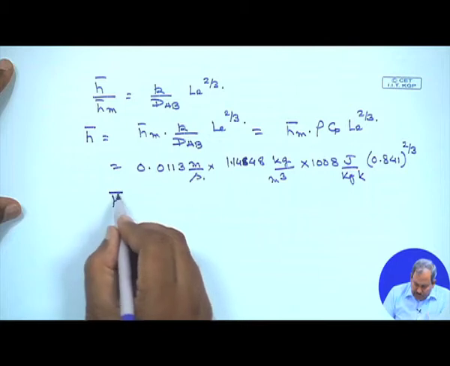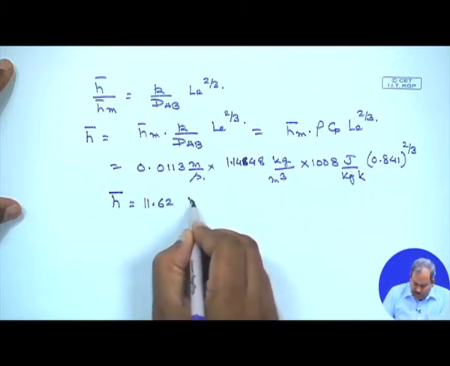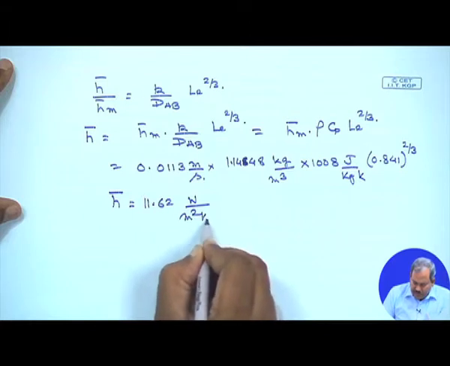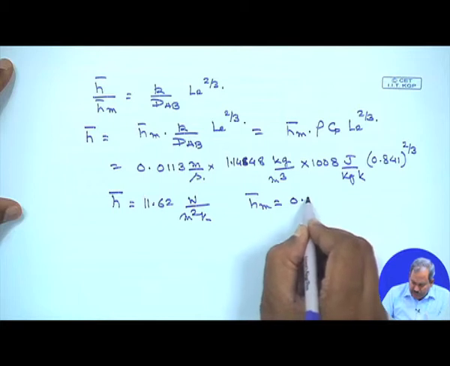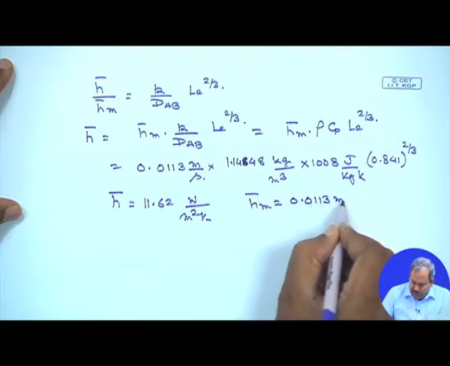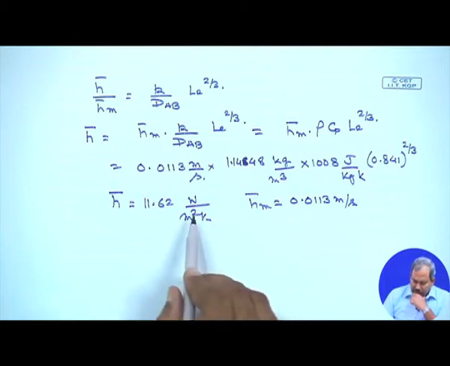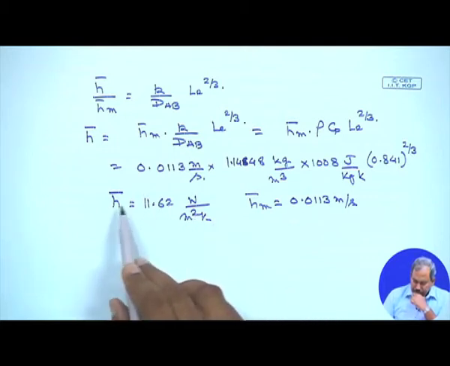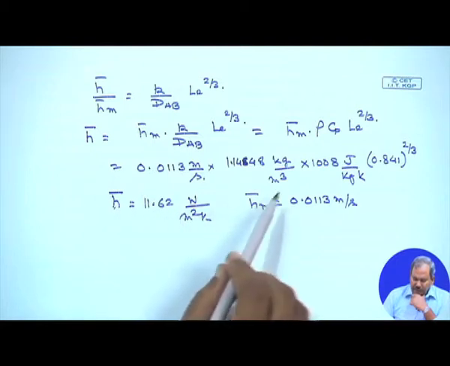So this would give you the value of H bar to be equal to 11.62 watt per meter square Kelvin. So you have H bar m to be equal to 0.0113 meter per second, and the value of convective heat transfer coefficient to be 11.6.